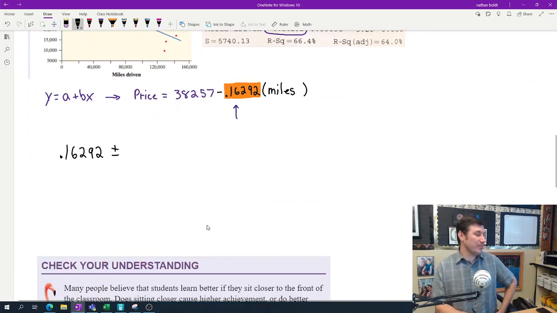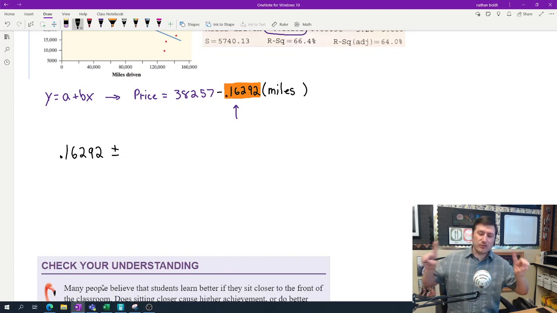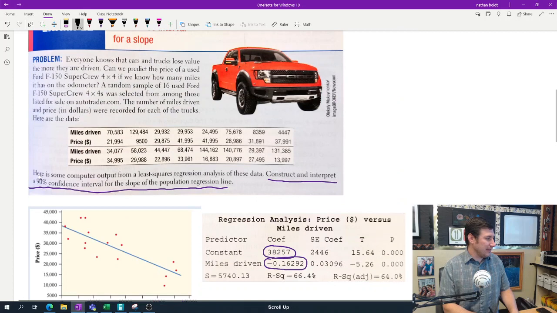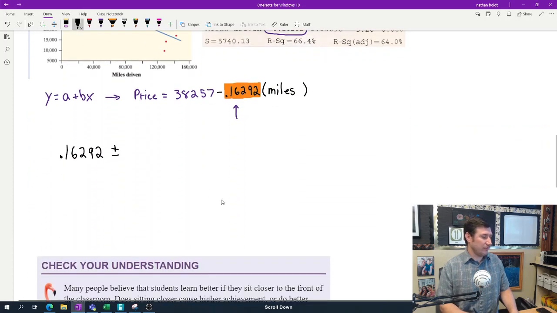0.16292 plus or minus. So first thing we need is the t star. How many standard errors are we going to have to go out to get our 90% confidence interval? So I'm going to do that over here for my t star.